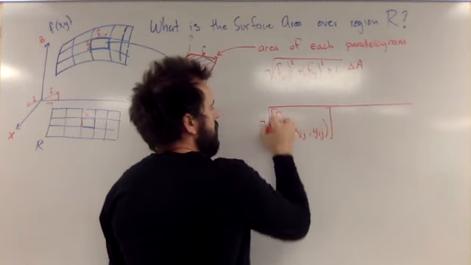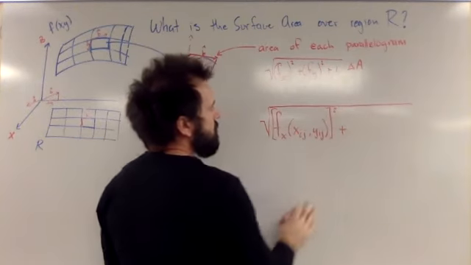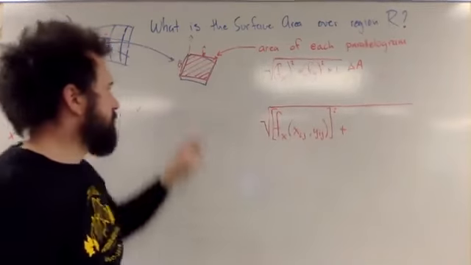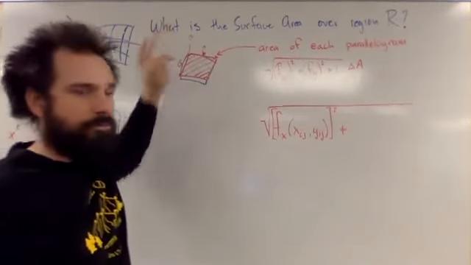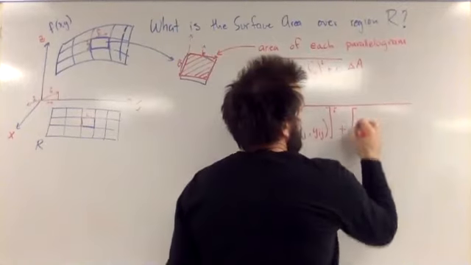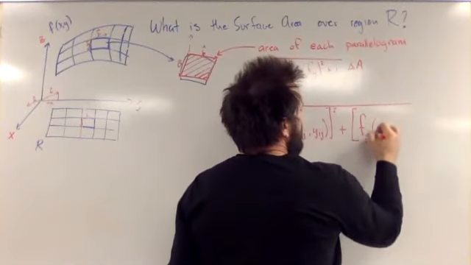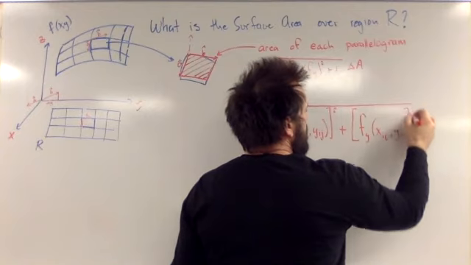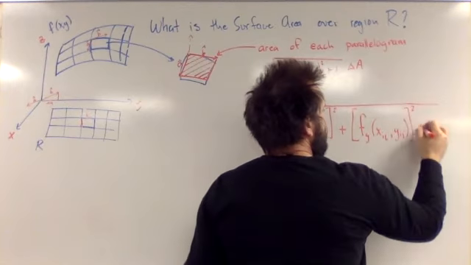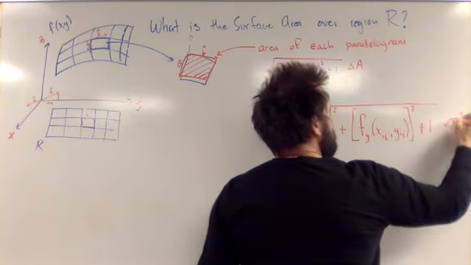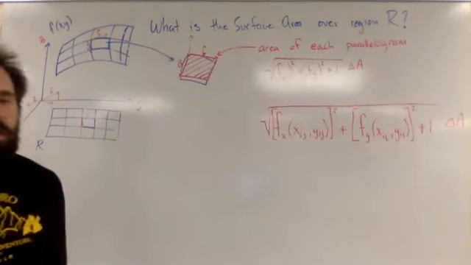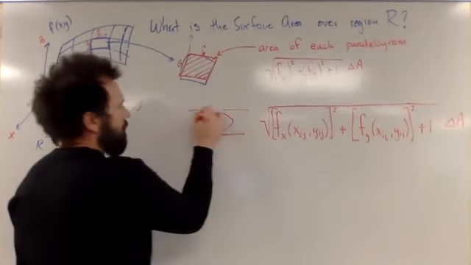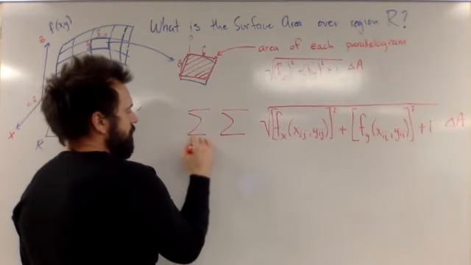Then I have that value squared plus, now the second one, I have to do the same thing. I evaluate that partial derivative at the point we're picking in the region. So that's partial y at the point x_ij, y_ij, squared, plus 1, times delta A. And what I'm going to do is add this together as a double sum.